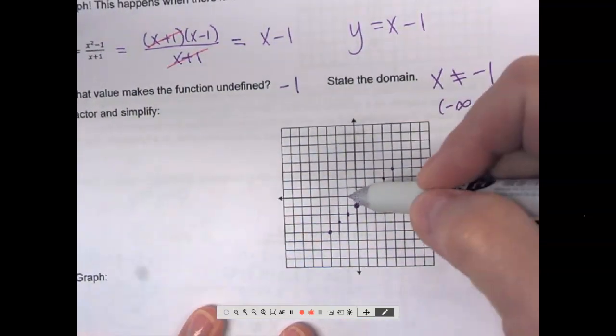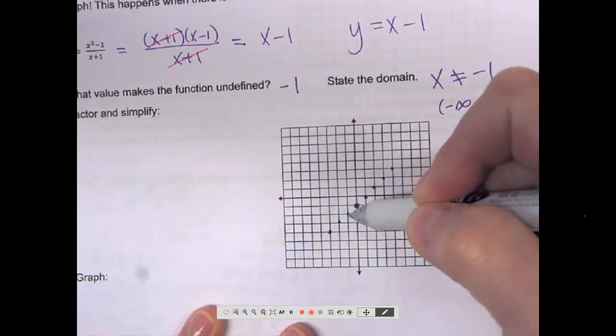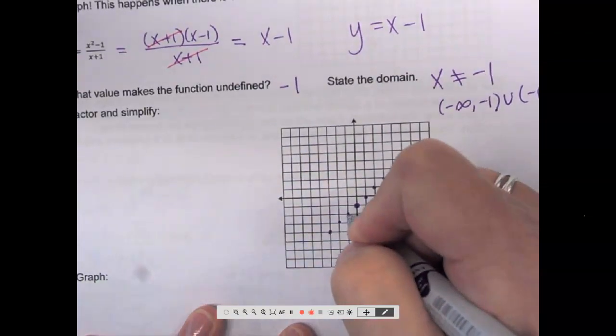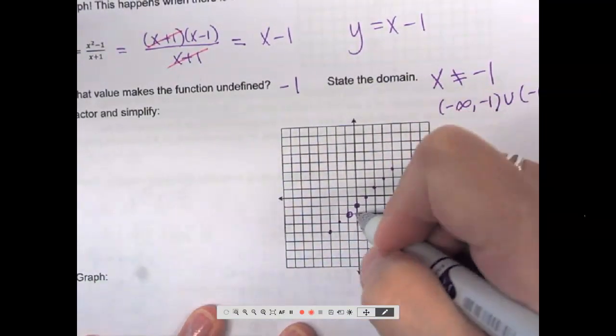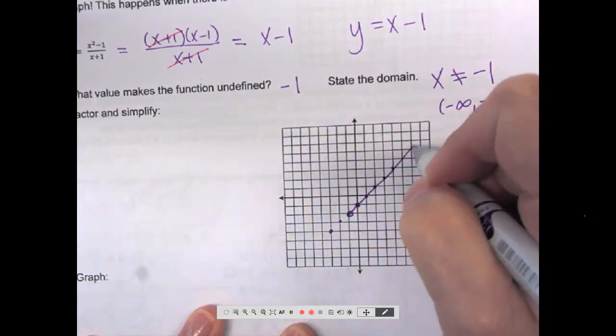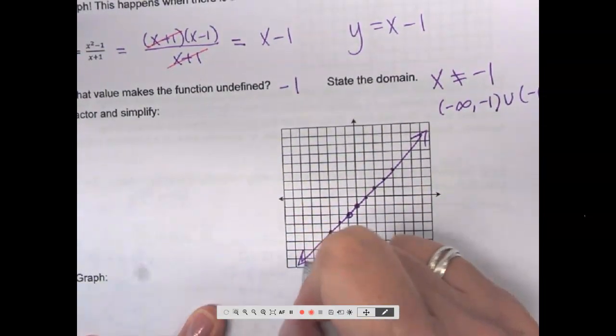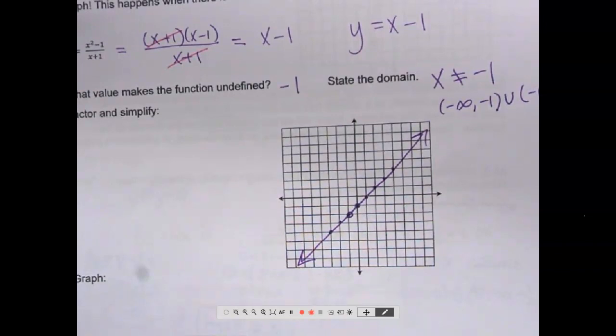So I'm going to go to x equals -1, trace it to where it would be on the graph, place that hole in the graph, then connect everything else. Now, if I showed you that, you wouldn't automatically think, oh, that's a rational function there. There's no vertical asymptote. This one certainly doesn't have a horizontal asymptote. But it did start out as a rational function. So this is kind of like a cool little exception where it looks like a line with a hole in it.